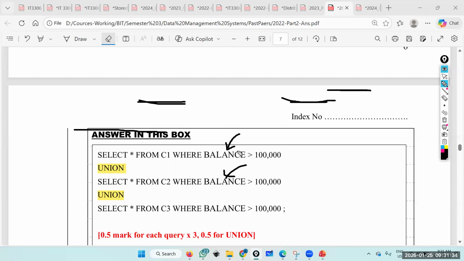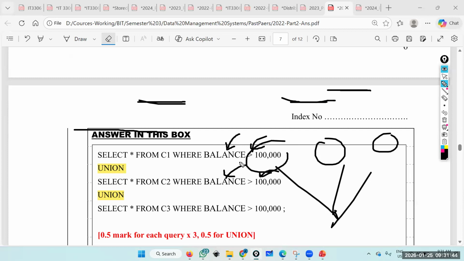So here the expectation is that these are processed inside, and only relevant data is taken from these three sites, that is balance greater than 100,000. And here you do the union.